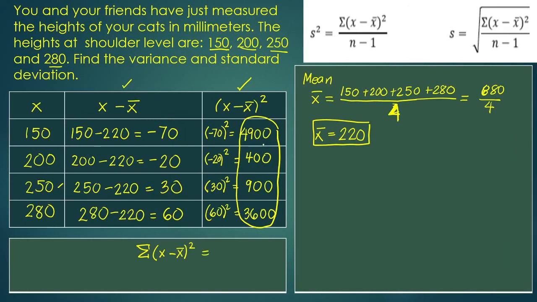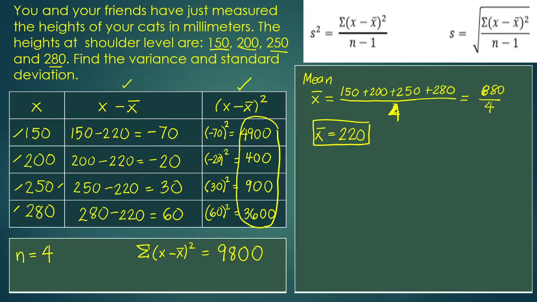So how much is 4,900 plus 400 plus 900 plus 3,600? 9,800. Now, how much is the value of n? How many scores do you have? Therefore, the value of n is 4.